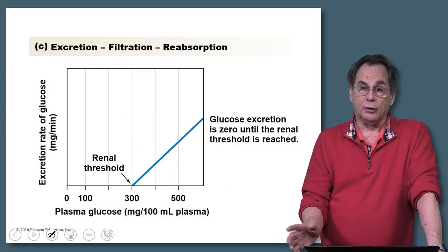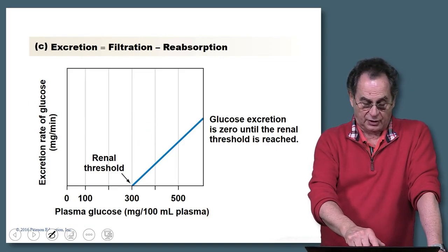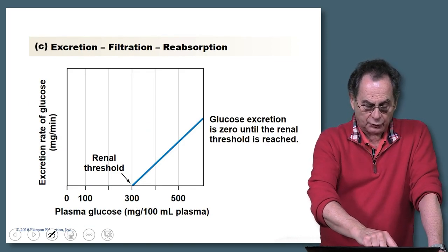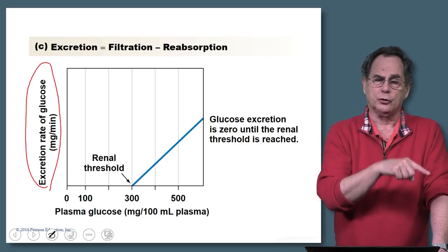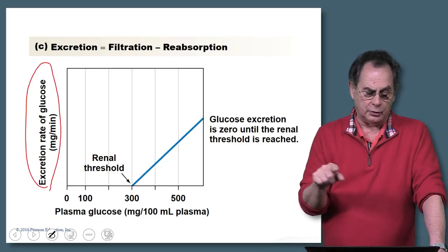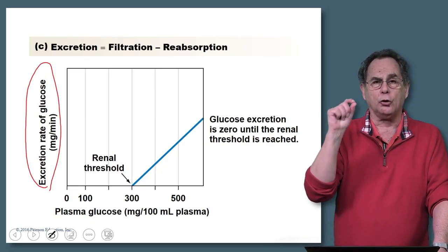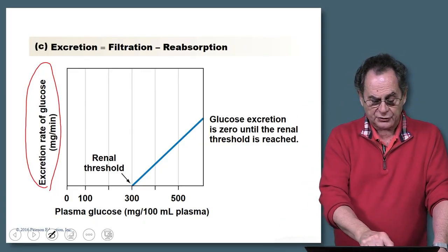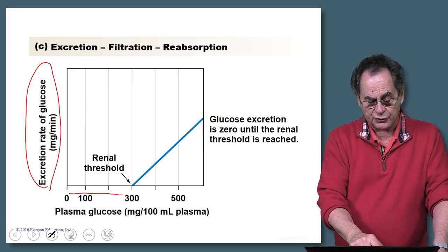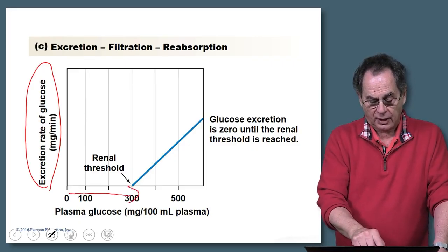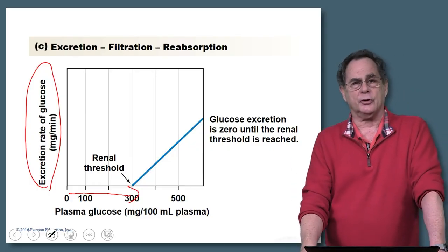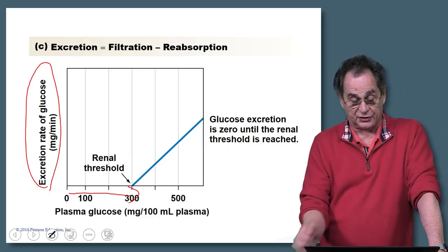This is termed the renal threshold, about, this is maybe a little bit high, but about 18 millimoles per liter. So this looks not at the filtered load, not at the reabsorption, but rather at the excretion, the loss of glucose into the urine at the end of the day. And as the blood glucose level rises, there's no excretion of glucose until you reach about 300 milligrams per deciliter in this example.